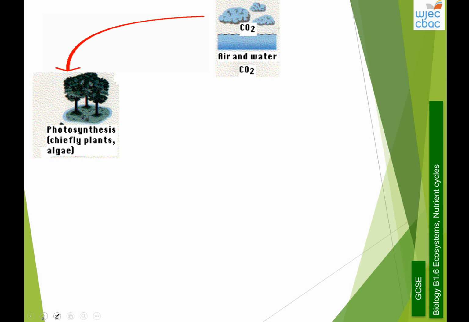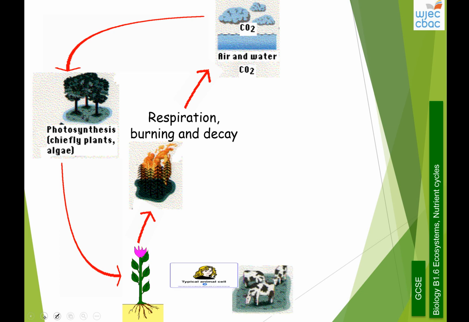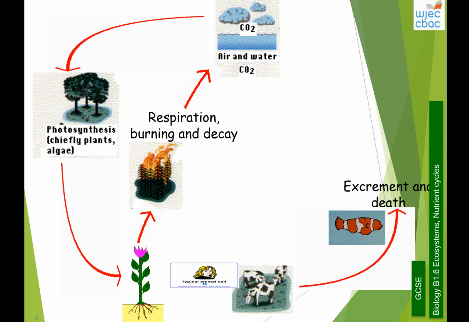So, another example here: carbon dioxide in the air but also in water. We've got photosynthesis, chiefly plants and algae in the sea. We've got respiration, burning and decay, which add CO2 back to the atmosphere. We've got a typical animal cell, or animals like cows here, eating the plants.